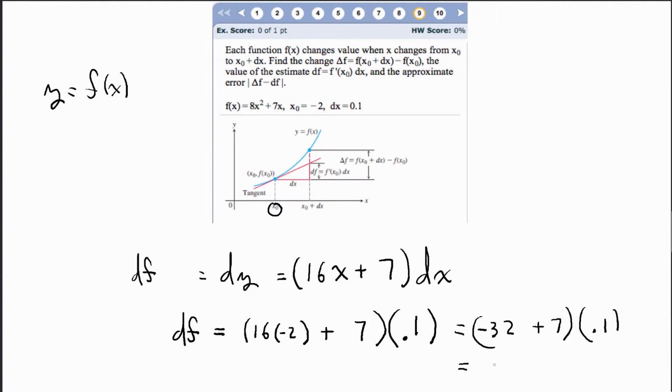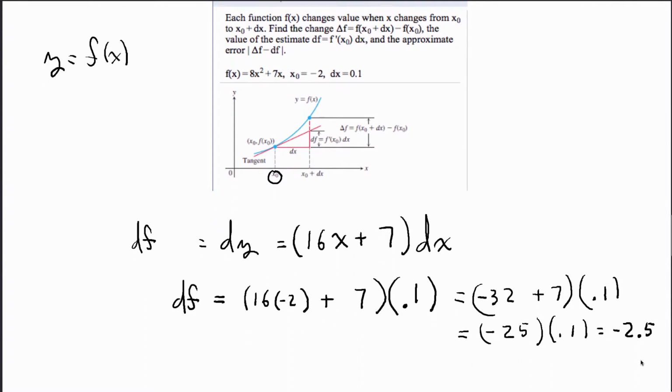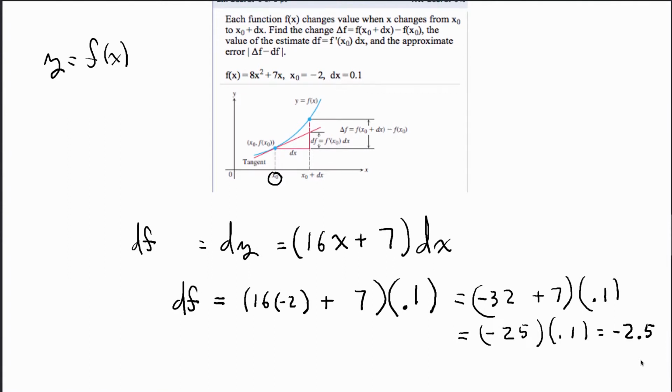So this is negative 25 times 0.1. So I can do this without a calculator: it's negative 2.5. All right, so that's our dy.